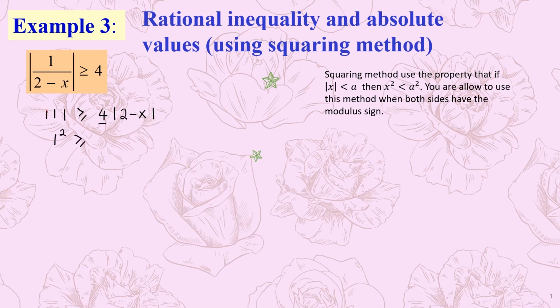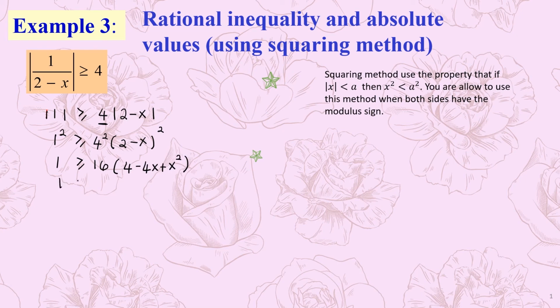But remember, you have to square the value 4 as well. Four squared becoming 16. 2 squared is 4 minus 4x plus x squared.